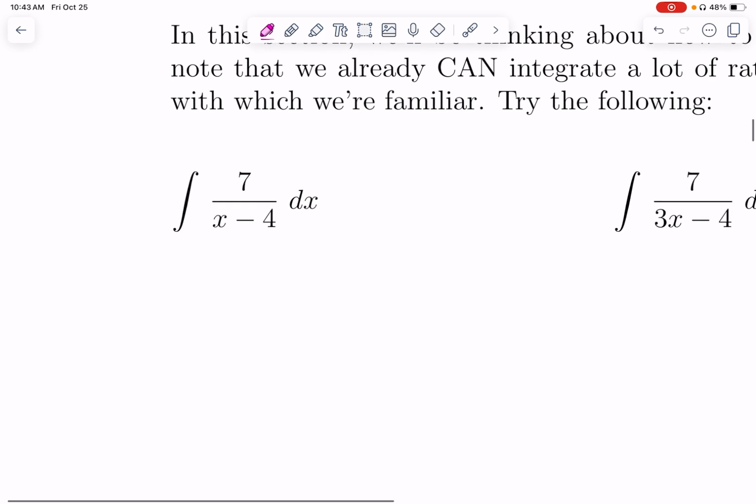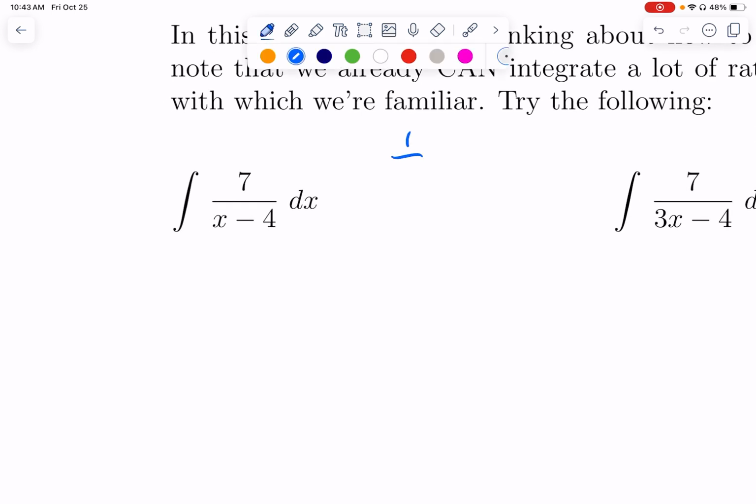All right, so I hope you have done that. So this first one, for example, theoretically it's u substitution, but basically we just have 1 over something linear. If you make a u substitution, it's like natural log. So this would be natural log of absolute value of x minus 4. If we took the derivative of that, we just get 1 over x minus 4, and then we multiply that by 7. So technically u substitution, but we can kind of just do that in our head.